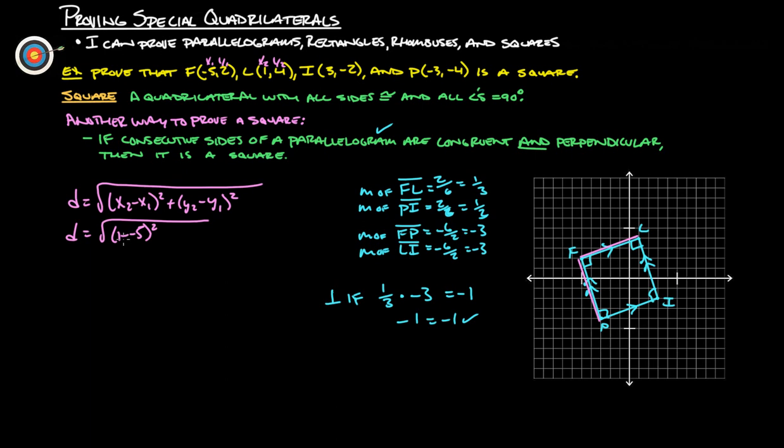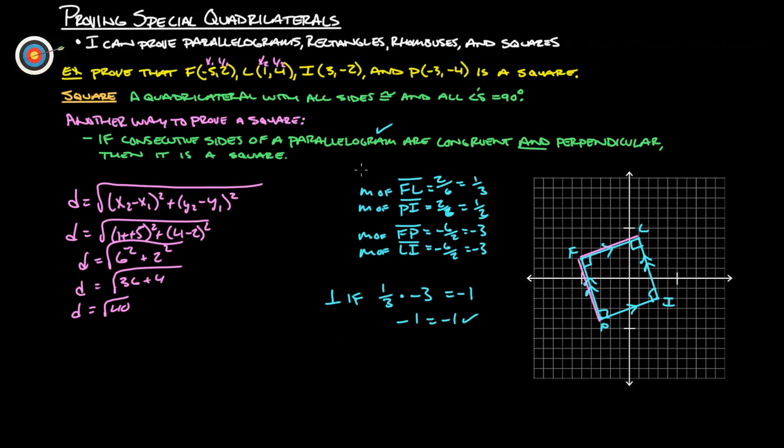It's a very common mistake. And then y2 minus y1, so 4 minus 2, squared. So that's going to be 6 squared, and 4 minus 2 is 2 squared. So that's 36 plus 4, so our distance is the square root of 40. We don't have to simplify it.